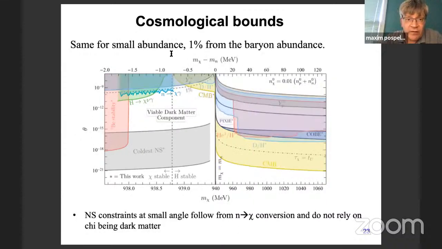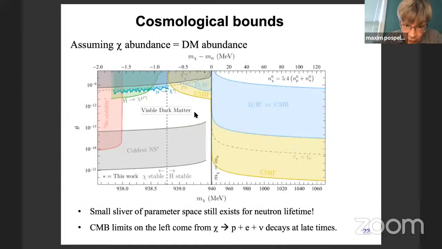We have also varied the abundance of these chi particles, and these limits shrink, but they do not disappear. At 1% of the baryon abundance, there is still plenty of parameter space that we were able to exclude. And I should emphasize that here in the white, this is a viable dark matter parameter space. Okay.